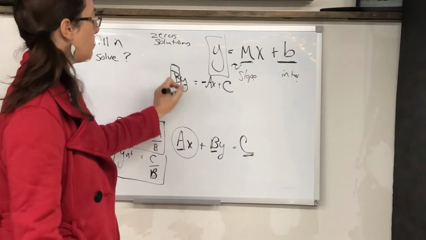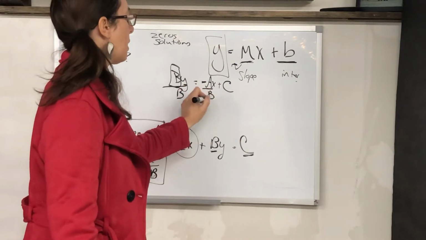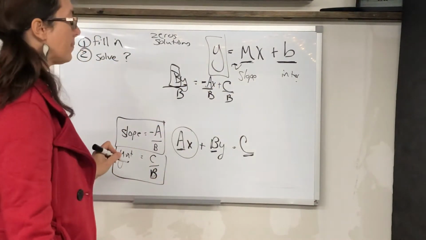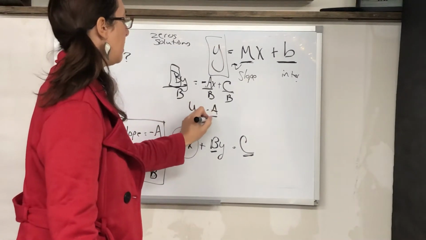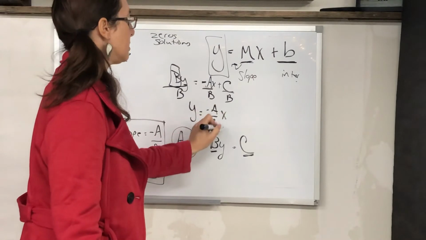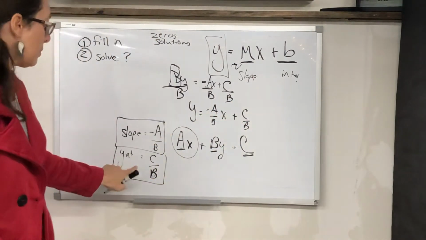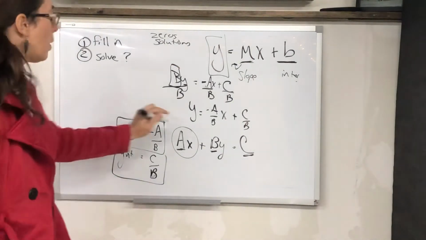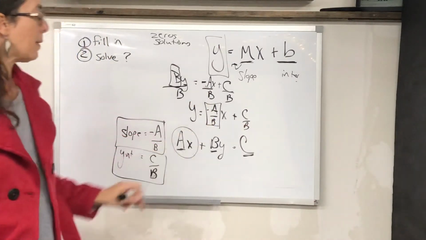So I need to get rid of b. I do that by dividing by b. You can divide the whole thing by b, which really means dividing each one by b. So now I have y equals negative a over b times x plus c divided by b. Is that what we have here? Those are our answers? Yes. So our slope is negative a divided by b.